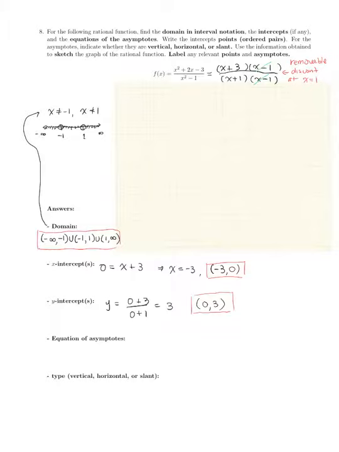Okay, now equations of asymptotes. First, we are guaranteed a vertical asymptote at x equals negative 1, because that's where the rational function becomes undefined. Also notice that the leading coefficient of the numerator is 1, and the denominator's leading coefficient is also 1.